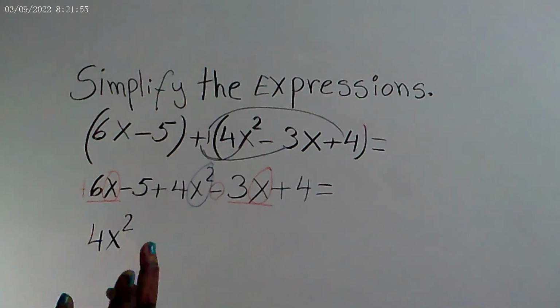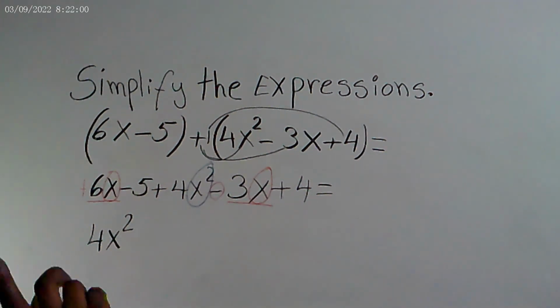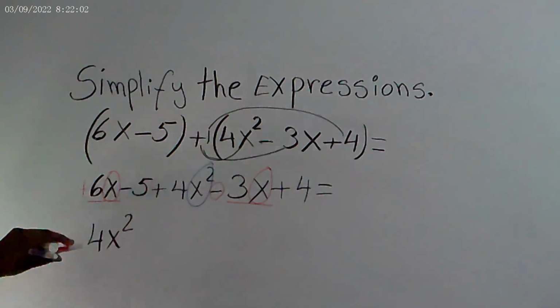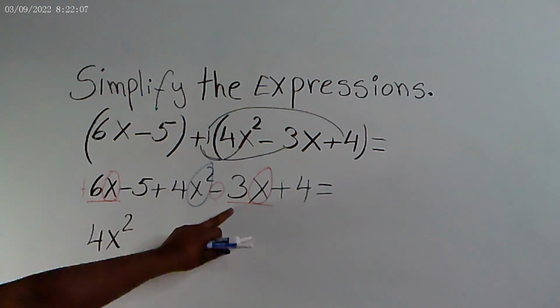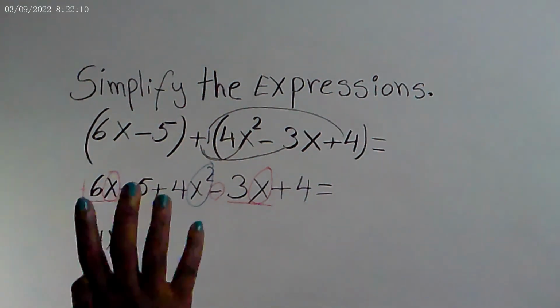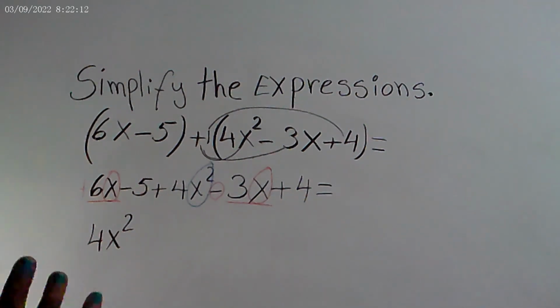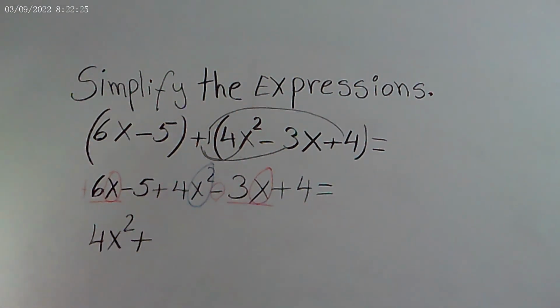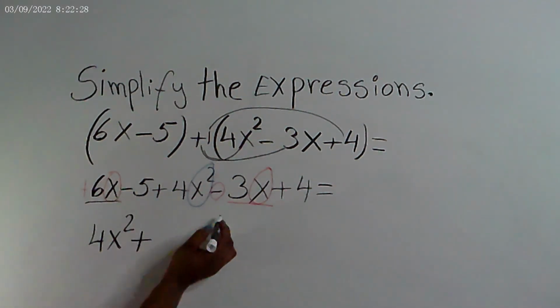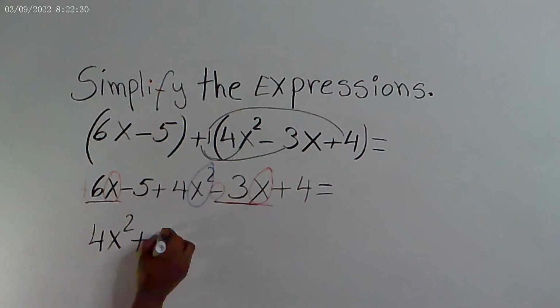So you're going to keep the sign of the biggest number, which is 6, the plus sign. Now, you have a plus 6, you have a minus 3. Because the signs are different, you're doing subtraction, and you keep the sign of the biggest number, which is plus. So you're going to have plus here. And 6x minus 3x gives you 3x.